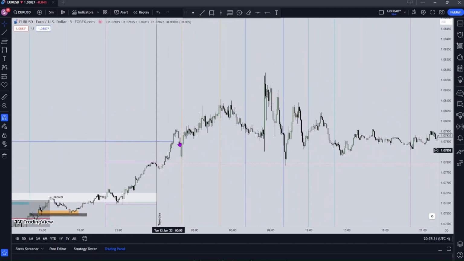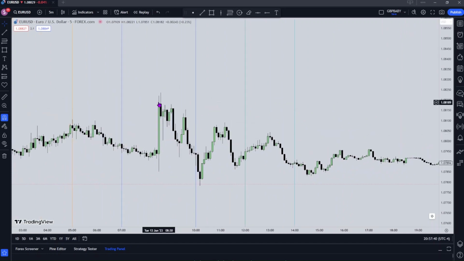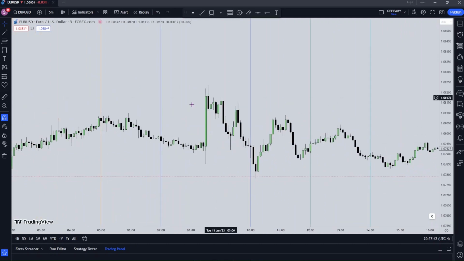So I don't like any of this, to be honest. I'll tell you what, this move here, this is tradable. So I'm gonna start off here because this is not good.